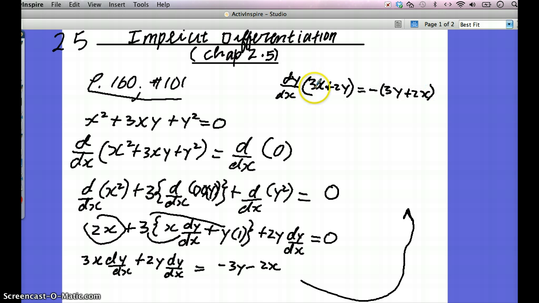And as you know, dividing both sides by the coefficient of dy by dx, I get dy by dx equal to negative, in parentheses, 3y plus 2x, all over 3x plus 2y. And I know they look alike, but please don't confuse them. They're not the same. We leave it like that.